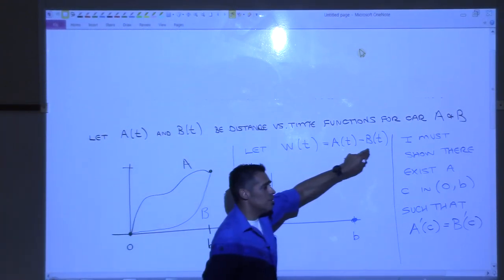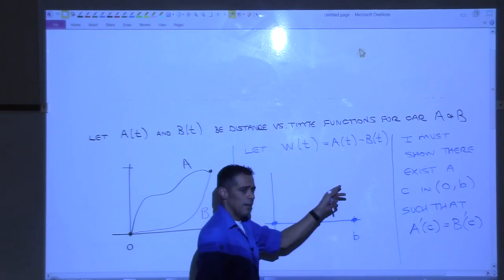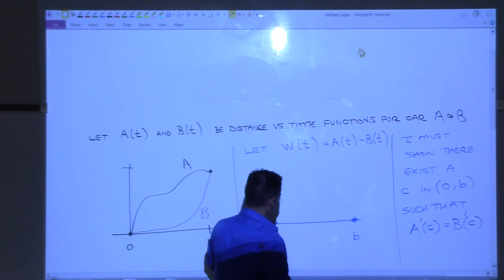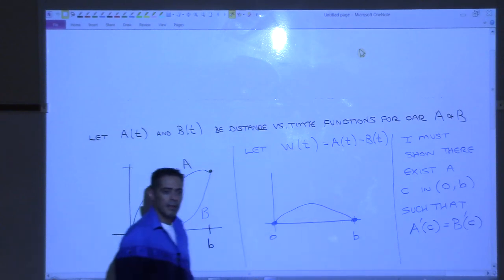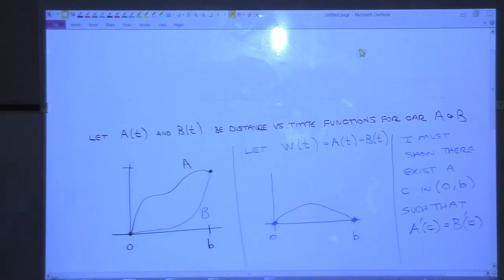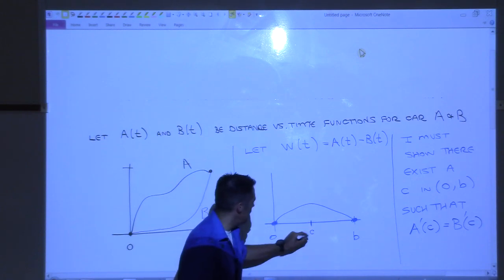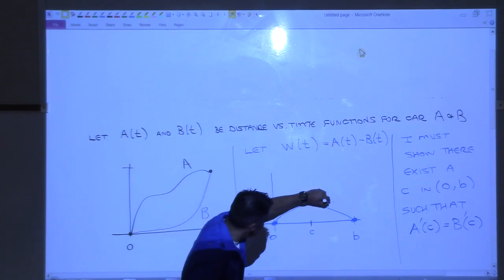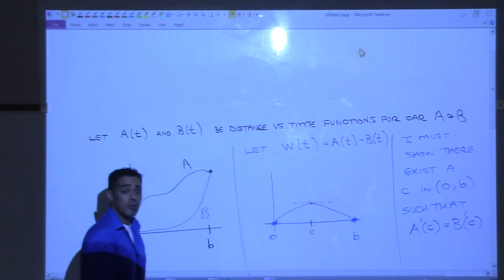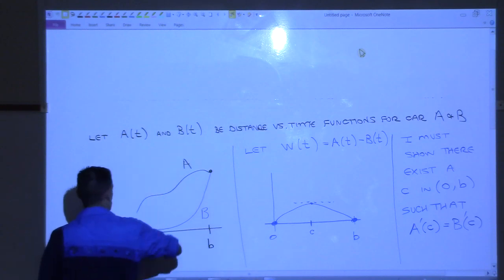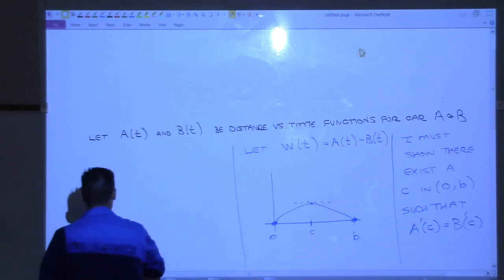So if you subtract two continuous functions, you get a continuous function. So when I have to connect these two with a curve, like that, what does Rolle's theorem or even mean value theorem tell us there? There must exist a C in here such that the slope of the tangent line here is equal to what? 0 because it's flat, right? So I'm going to use Rolle's theorem because I don't need mean value theorem there.